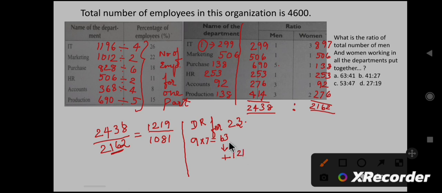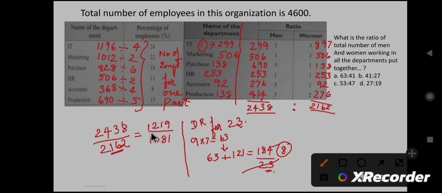So 63 plus 121 is 184. We can easily check whether this number is divisible by 23: this is 8 times 23. So yes, 184 is divisible by 23, which means 1219 is also divisible by 23. So after checking this, we are sure that 1219 is divisible by 23.